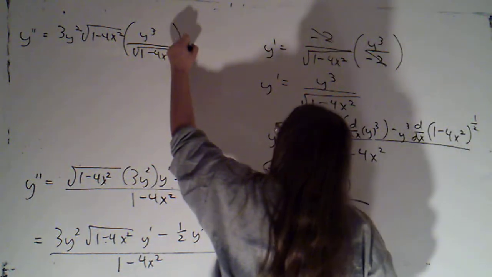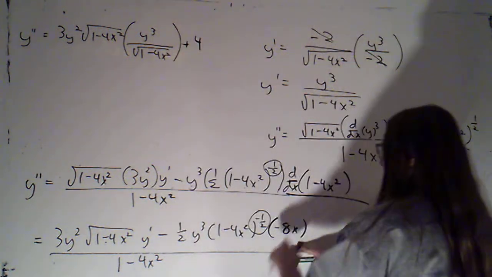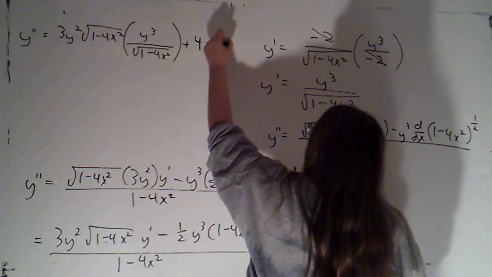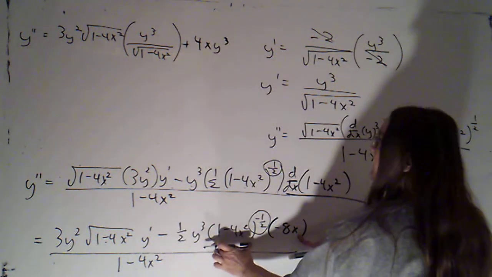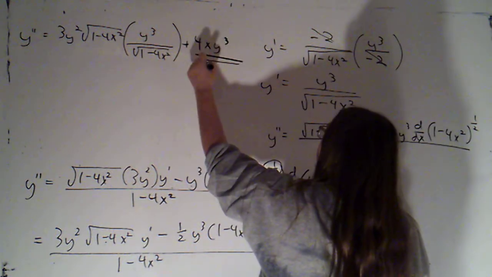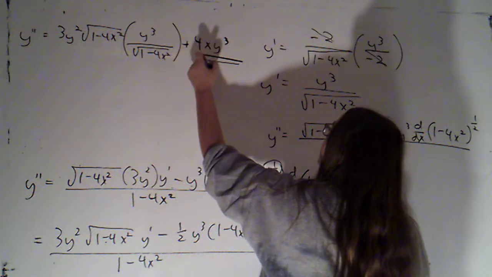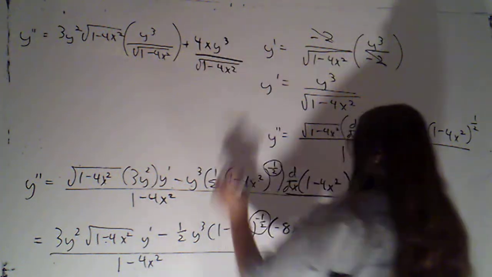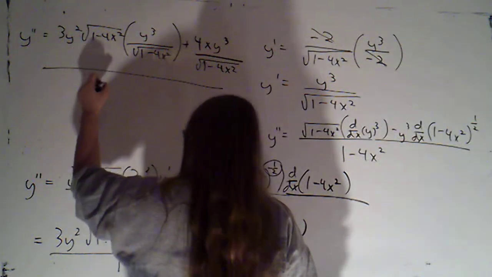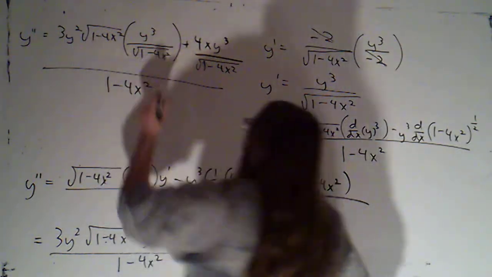That's going to become a plus 4. I'm going to just bump that x to the front. That's going to become xy cubed. And then we said we were going to write this as 1 over the square root of 1 minus 4x squared. That gives me that piece. And all of this is over 1 minus 4x squared.